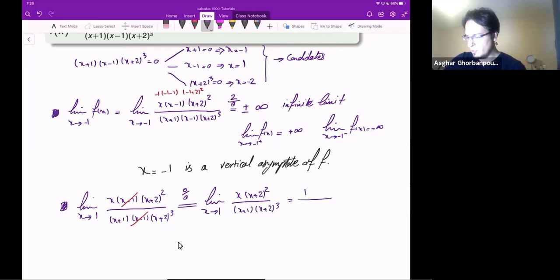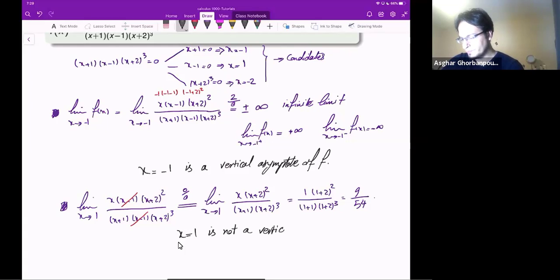And this will give 1 plus 2 squared, 1 plus 1, 1 plus 2. This is a number, obviously, yeah? So this will be 9 over what? 54, something like that. It is not positive infinity, and right away you can conclude that x equal to 1 is not a vertical asymptote.